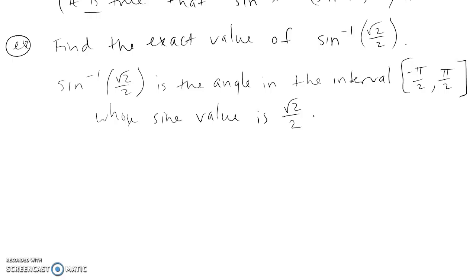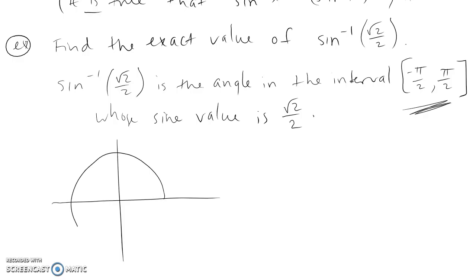So that's why we have to look for an angle. Because the angle is what we'll take the sine value of, and so that angle, what we're looking for, has to be in between negative pi over 2 and pi over 2. Well, we can call on our old friend, the unit circle. We know 0 is here. Now, where's negative pi over 2 to pi over 2?